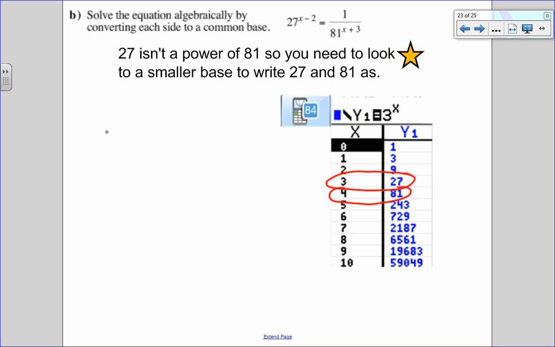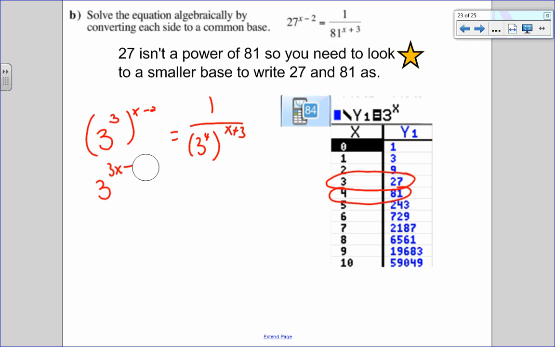So I'm going to write 27 as 3 cubed, and 27 is to the x minus 2. 81 is 3 to the exponent of 4. So 3 to the exponent of 4 will be raised to the x plus 3. Okay, so I have 3 to the 3x minus 3 times 2 is 6. Equals 1 over 3 to the 4x plus 12.